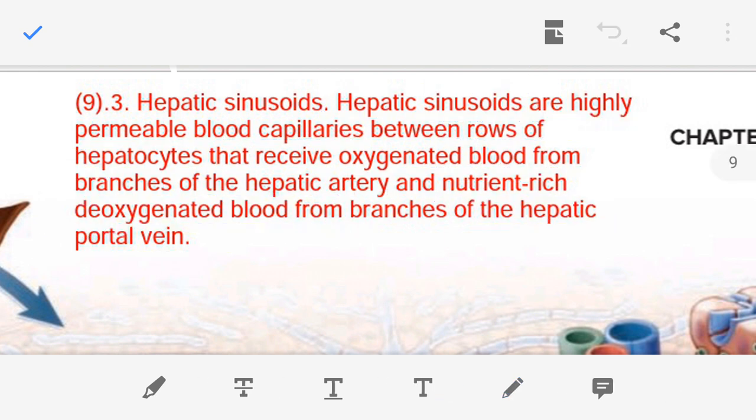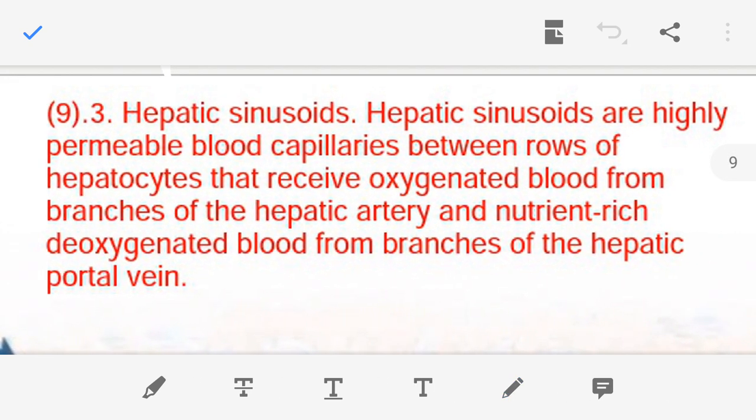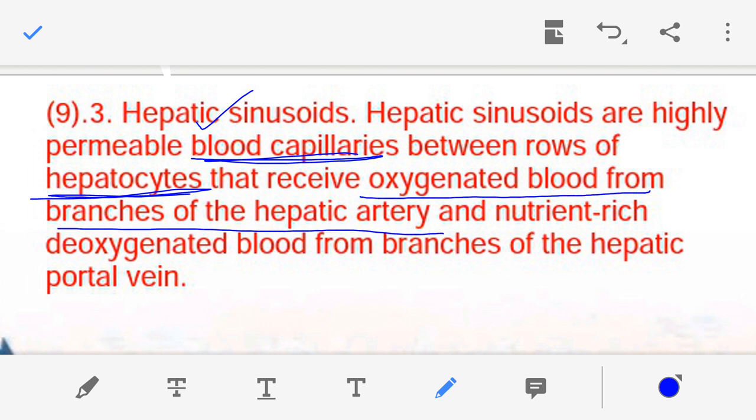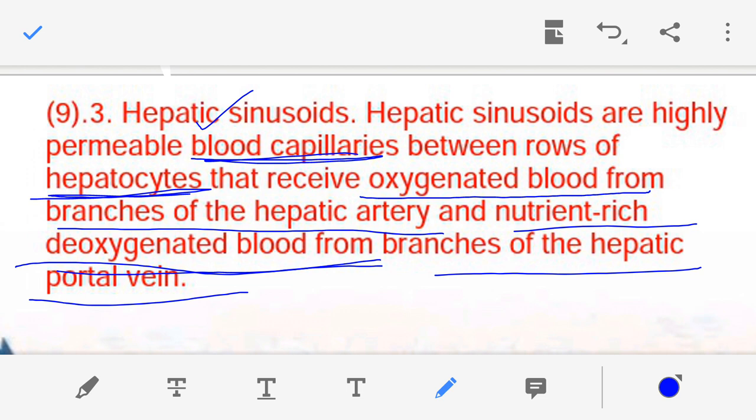So for hepatic sinusoid, we are going to remember this: hepatic sinusoids are blood capillaries present in between the rows of hepatocytes. They receive oxygenated blood from branches of the hepatic artery, and from the branches of the hepatic portal vein they receive nutrient rich deoxygenated blood.